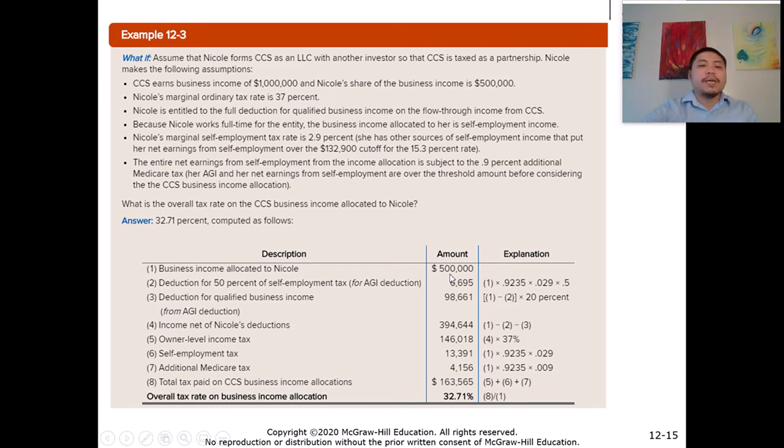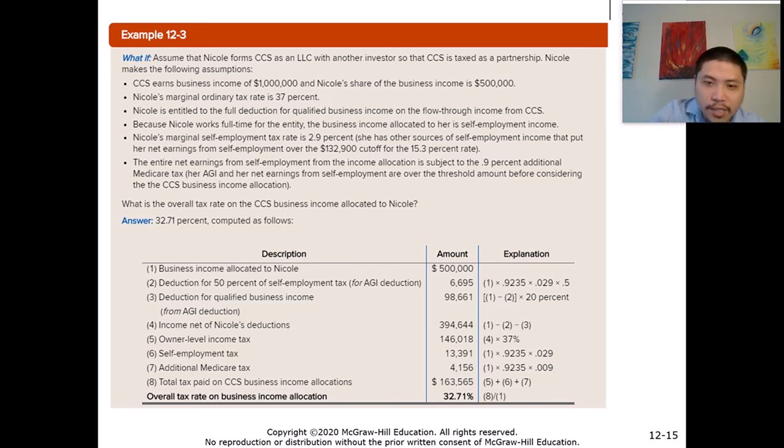And then remember, for self-employment tax, we have a deduction for AGI, which I think we discussed in chapter 6.